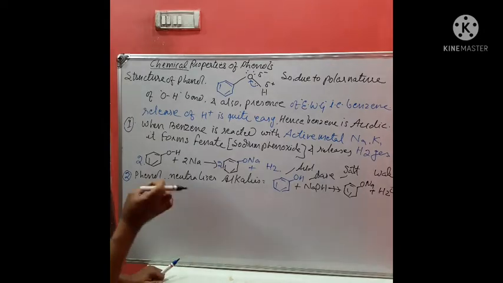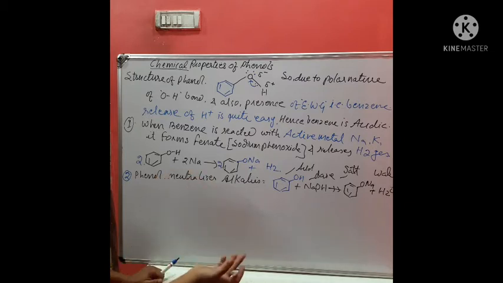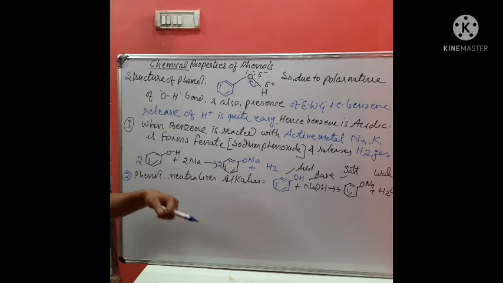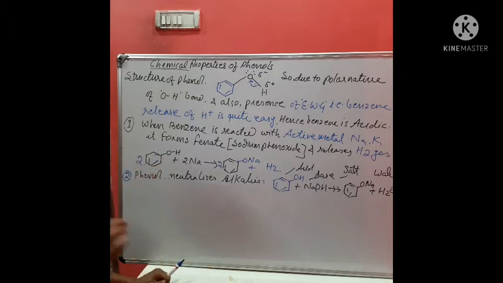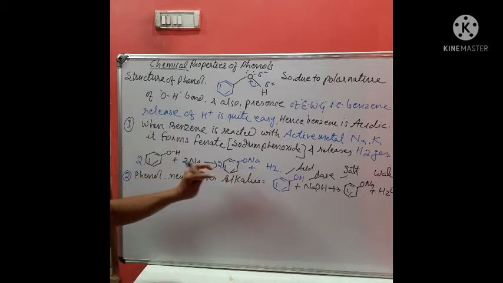Student, the acidic nature of phenol was already discussed in the previous period, when we discussed the acidic nature and the comparison of alcohol and phenol. In that time we have already checked it.